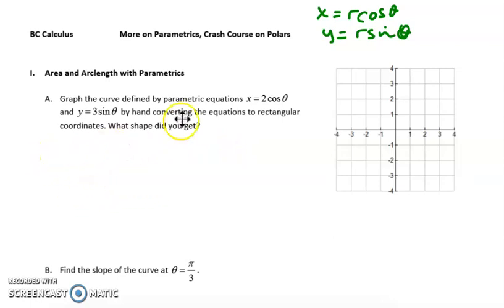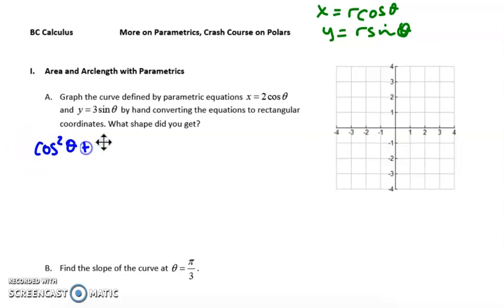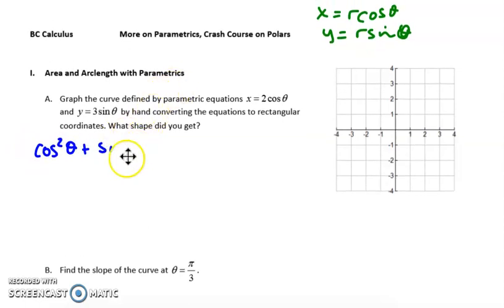So if you recall from trig, and of course, many things that we've done this year, you know that cosine squared theta plus sine squared theta equals 1. Since we have 2 cosine theta equals x, we know that cosine theta equals x over 2.